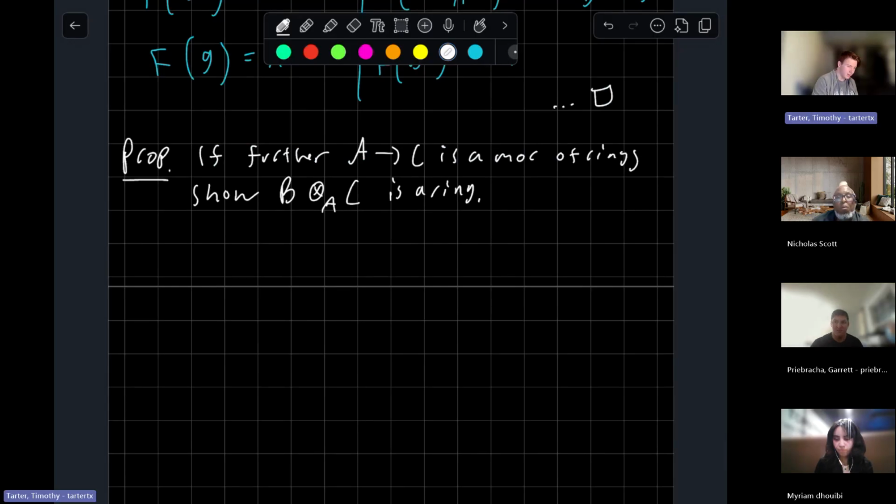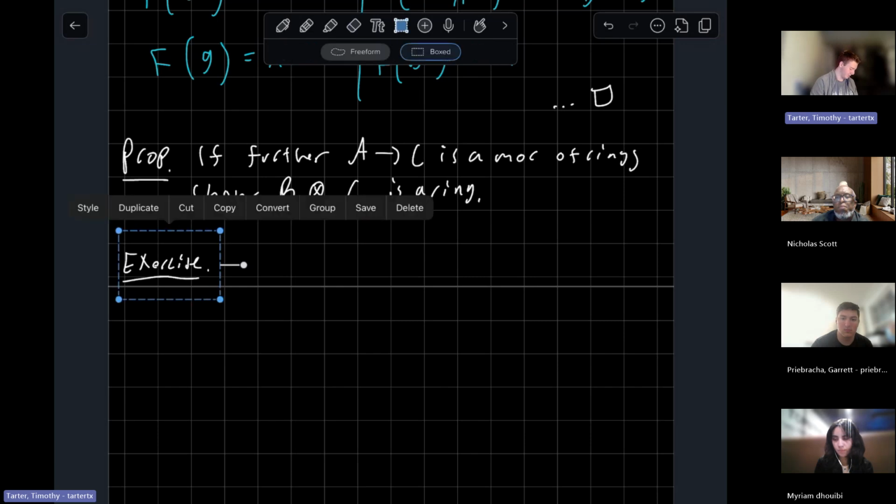So now, exercise. There's no way to say this one is a theorem. Oh, there is actually. Okay, never mind. I'm going to say it's a theorem.